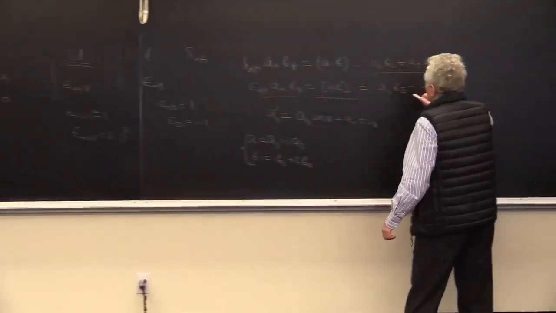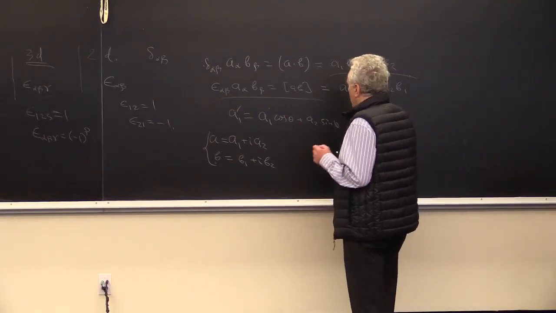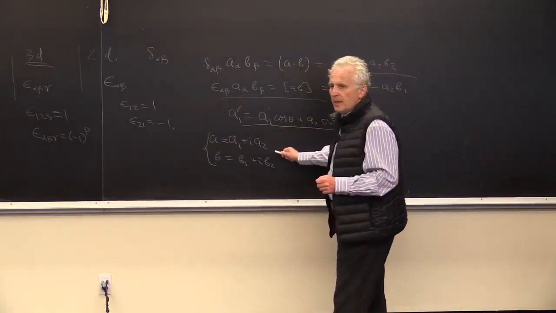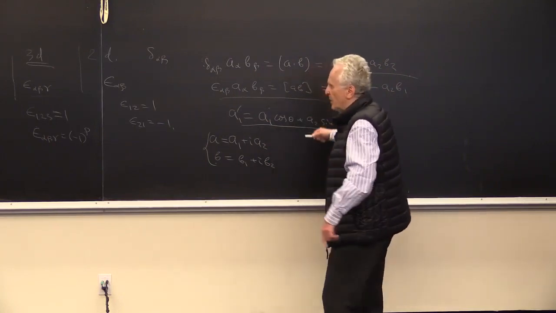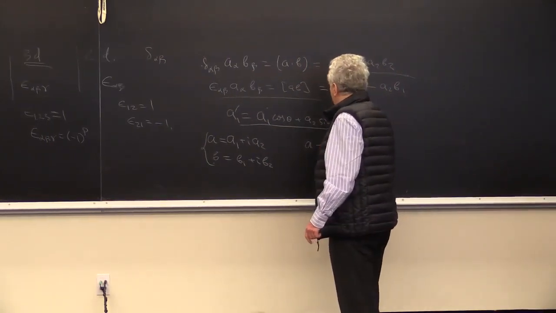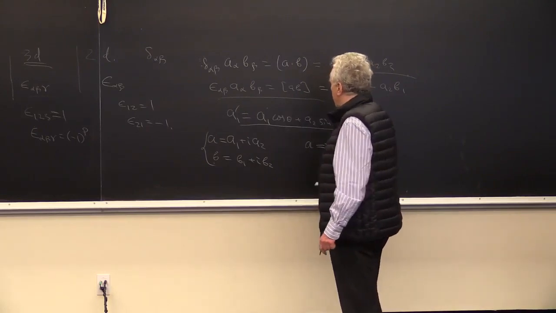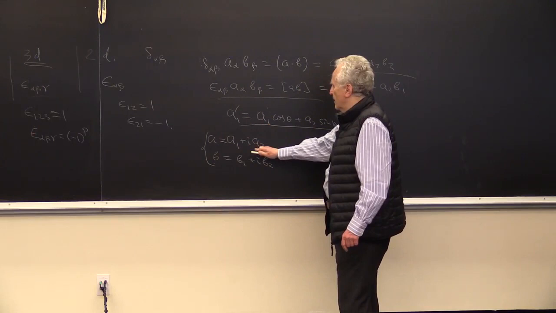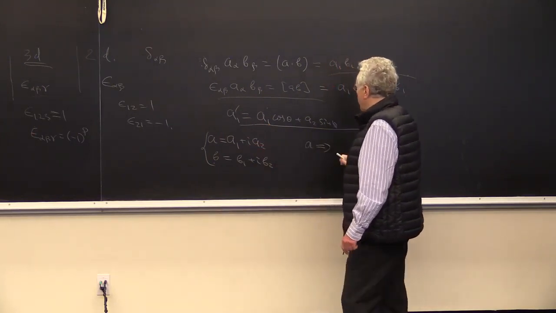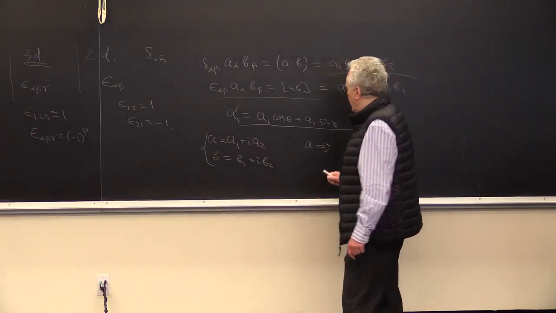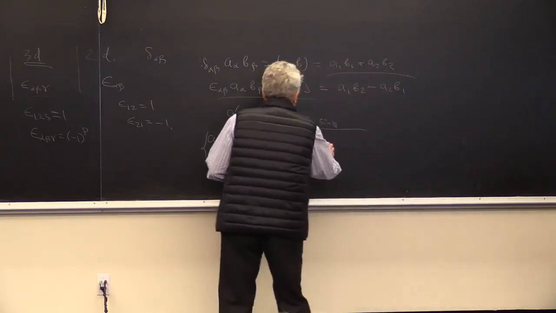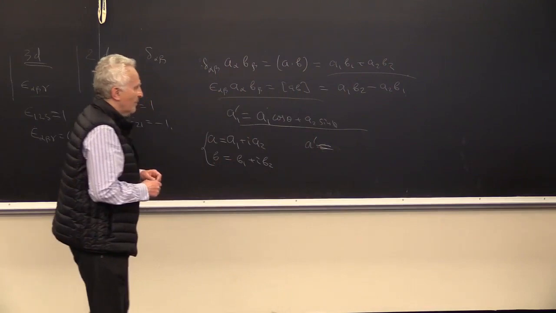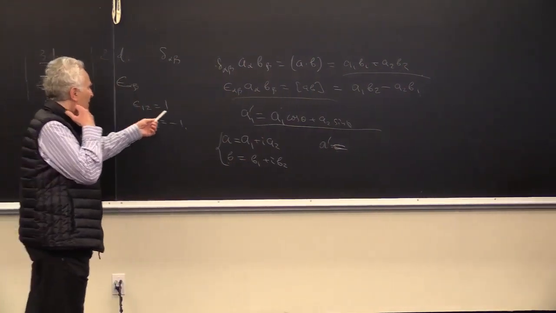It is pretty simple. Under this rotation, how are A and B transformed? To answer this question, if you rotate like that and then add these quantities, what is A prime?